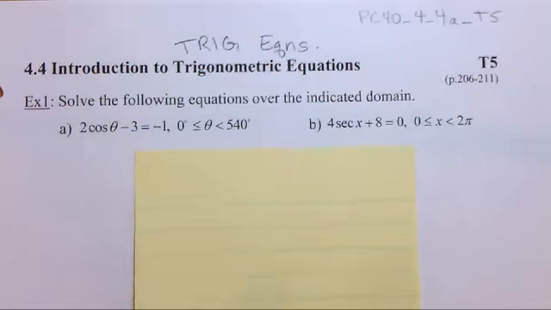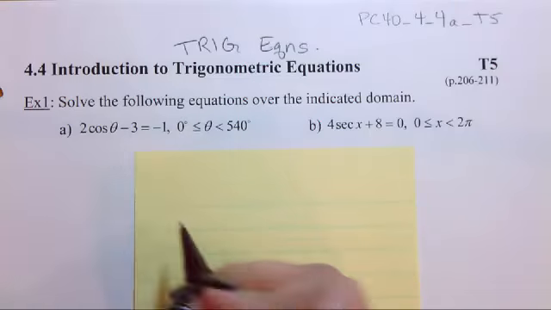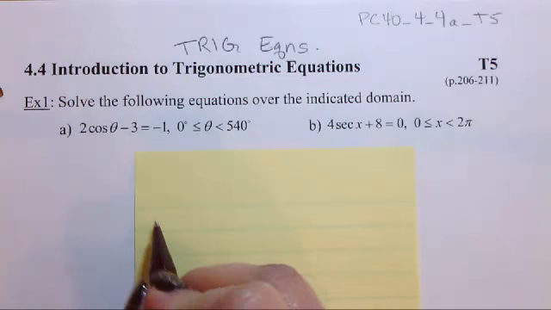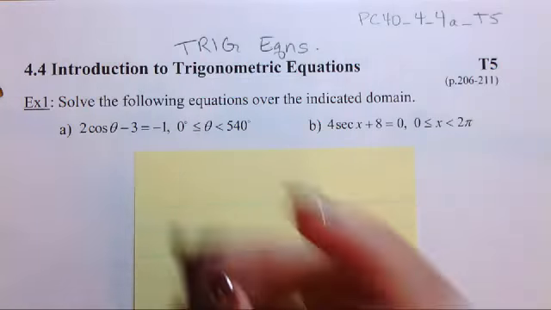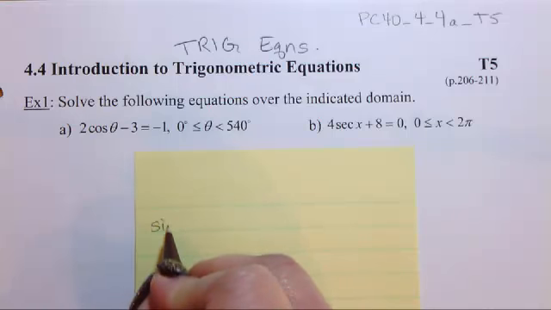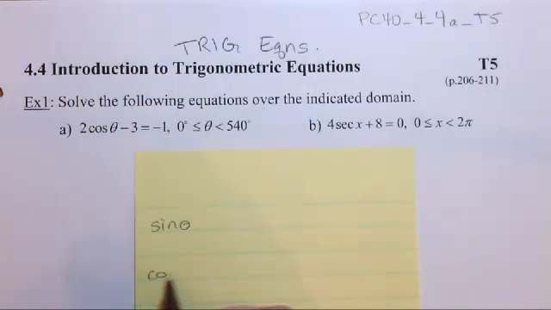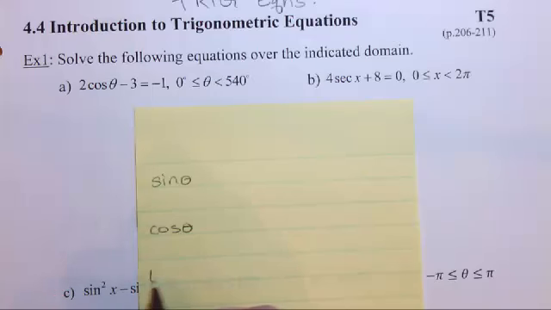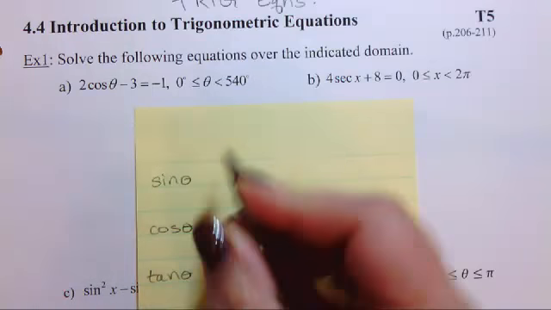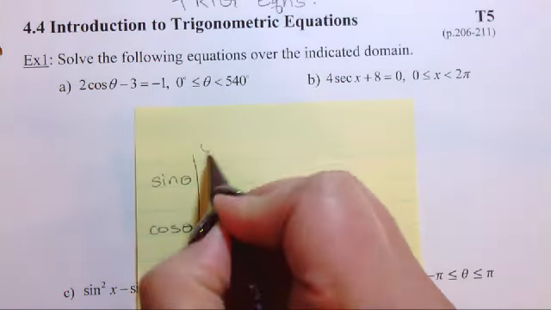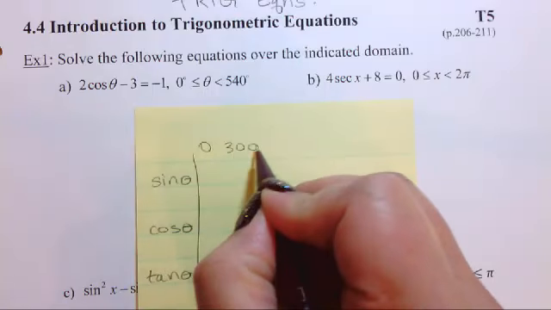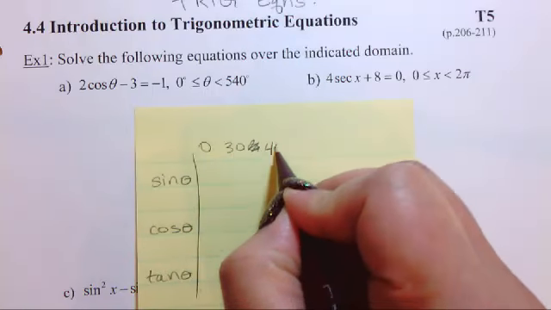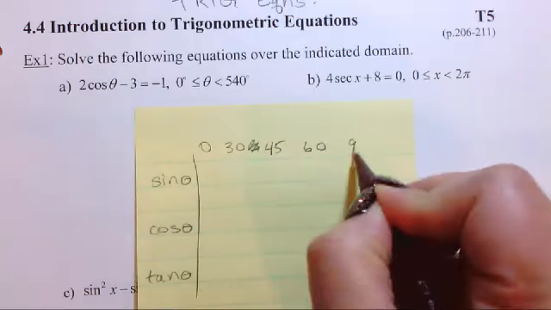Personally, I like to do the chart. And let me just kind of show you how quick it is to write out the chart from scratch. So here I'm just going to say sine, cos, and then tan. And I start at 0, 30, 45, 60, 90.